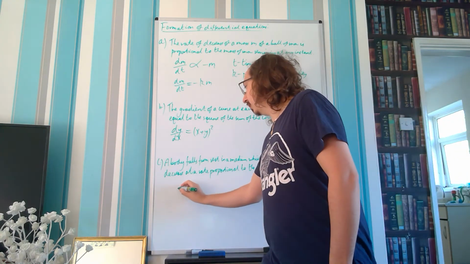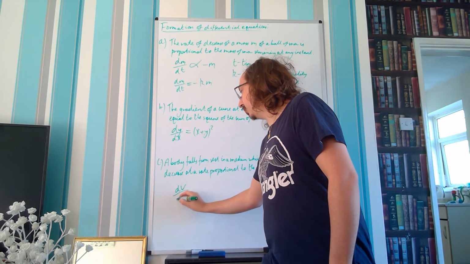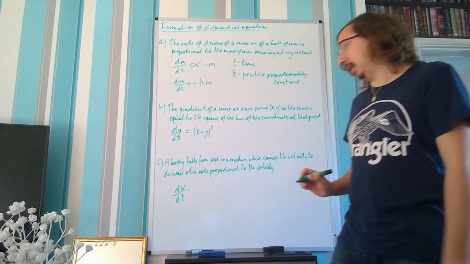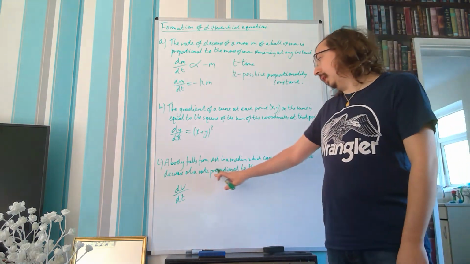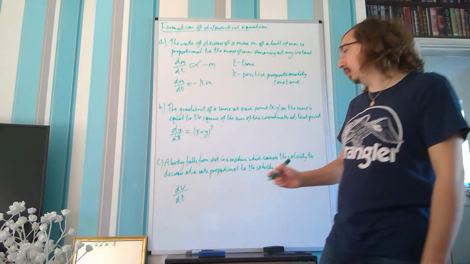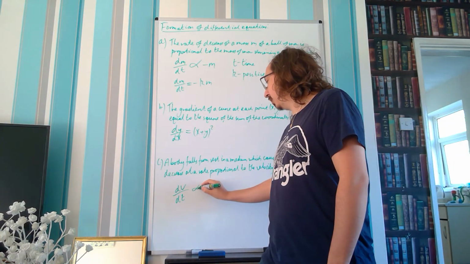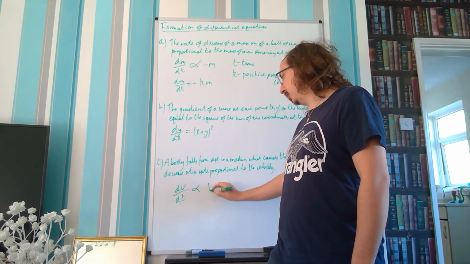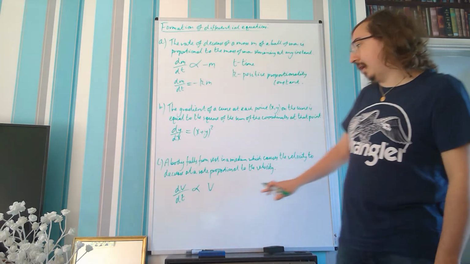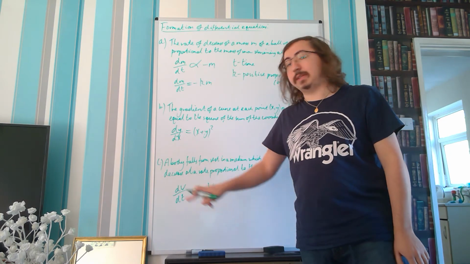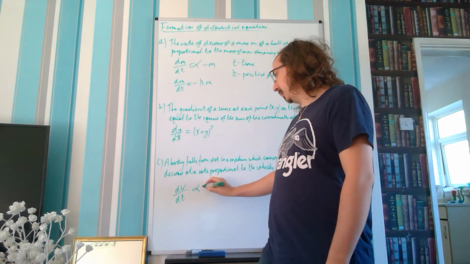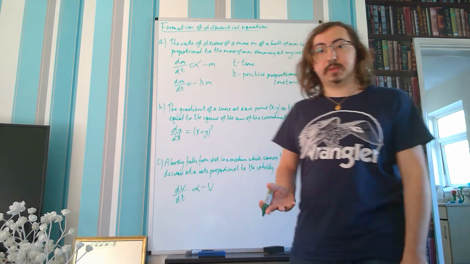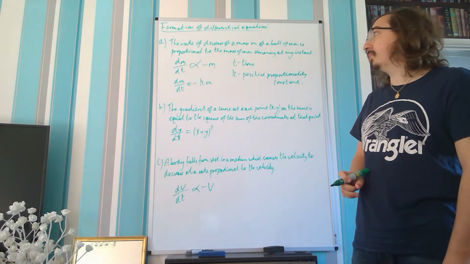So our differential becomes dv by dt. It is proportional to, so we need a proportionality symbol, to the velocity. Specifically it is a decrease, so it's going to be proportional to the negative velocity. We'll take care of that in a second.